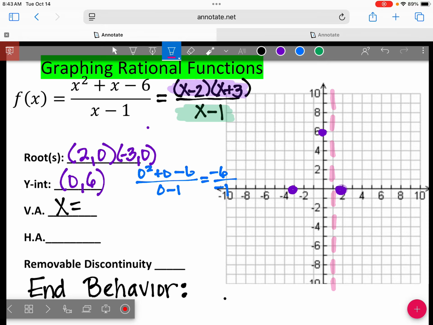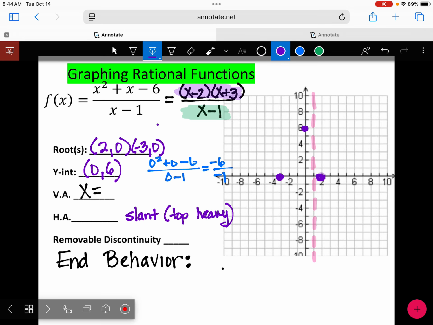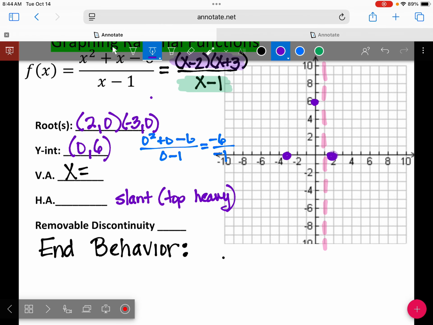Okay, so this one is top heavy, so we have to do synthetic division. This one is going to be a slant because it's top heavy. So I'm going to do that down to the side here. I'm going to make my little L. I didn't write the 1 right here.